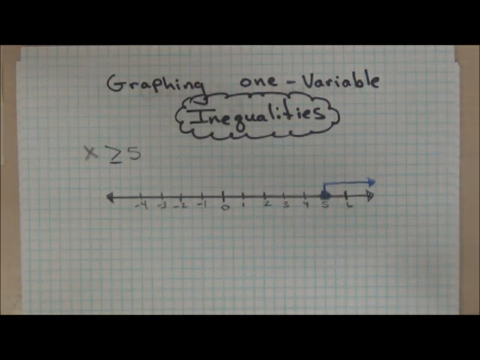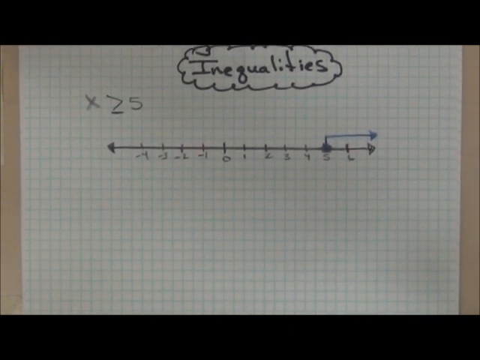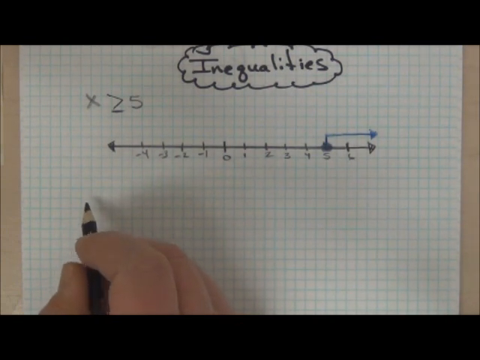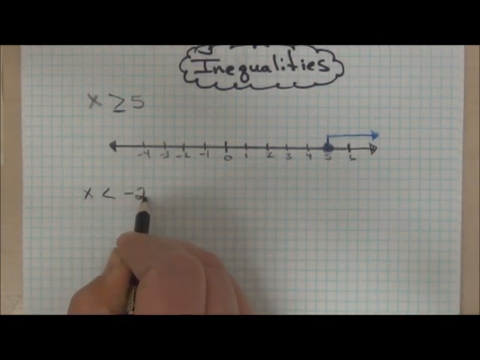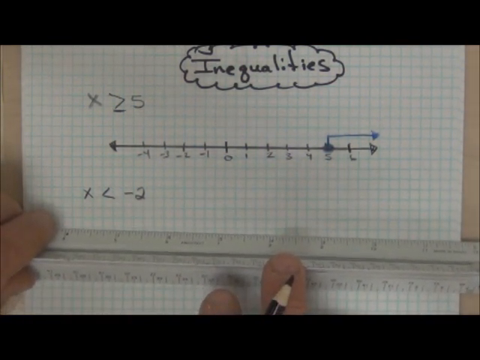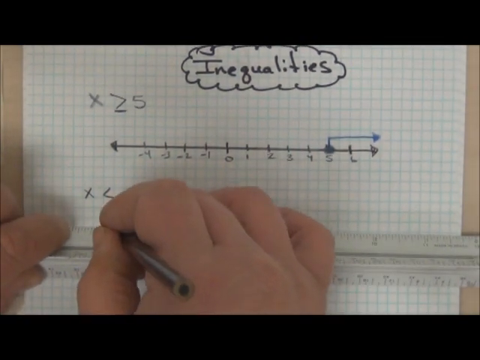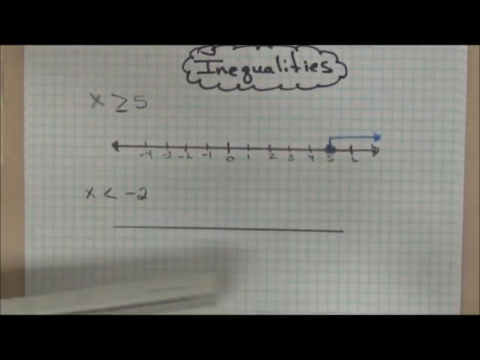So the next example I want to show you is one where it's not inclusive of the number we're talking about. So let's do something like x is less than -2. So we start off the same way. We want to draw our number line and have an appropriate scale. We want to show that the number line extends both directions.